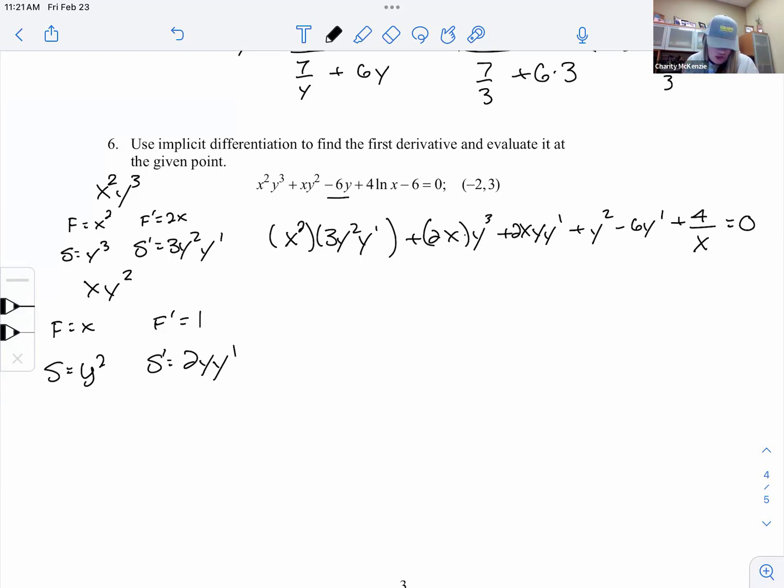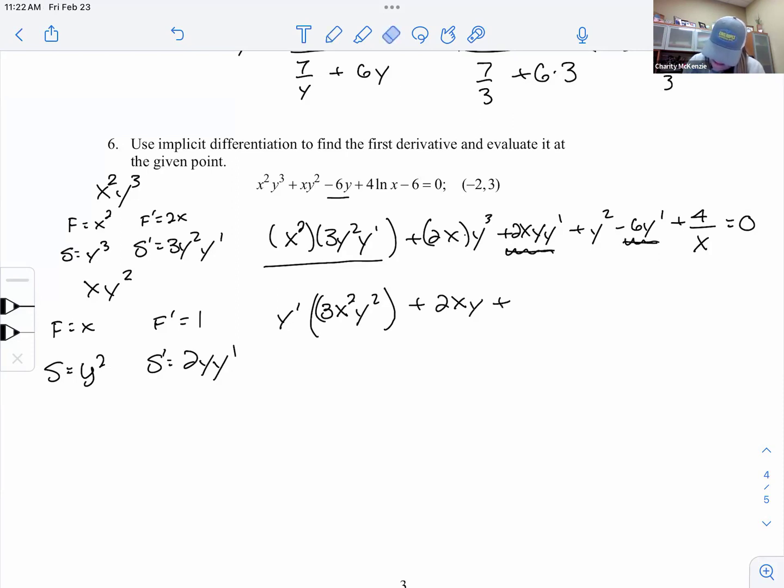Okay, so each term that has y prime, y prime, y prime, we need to take that y prime out and write what's left. So this first one is going to be a 3, an x squared, a y squared in that first term, right? And then plus, we'll have the second one right here, which is just 2xy, plus this last one here.